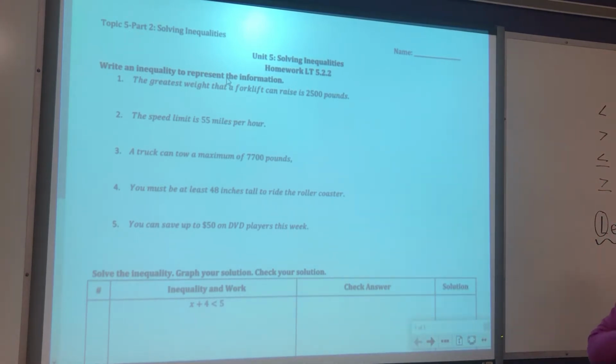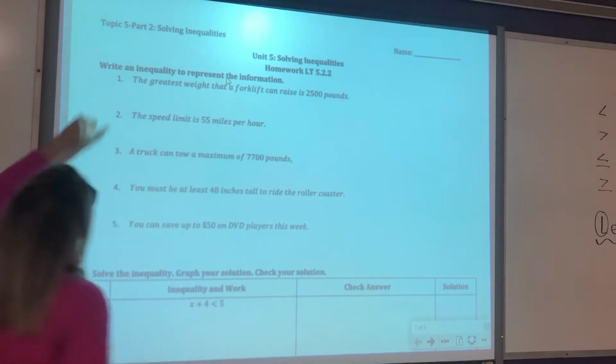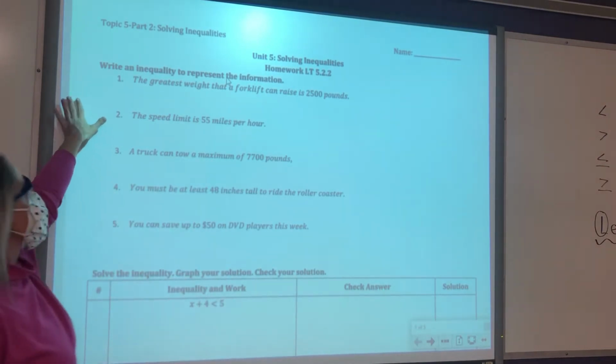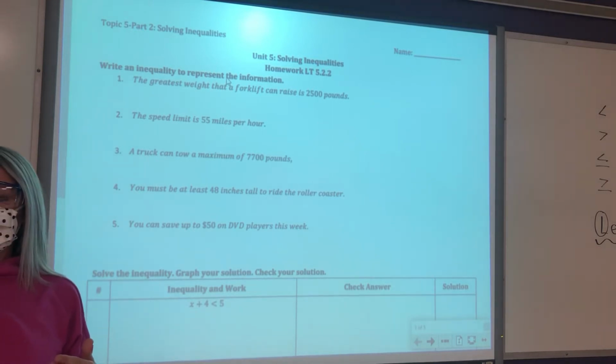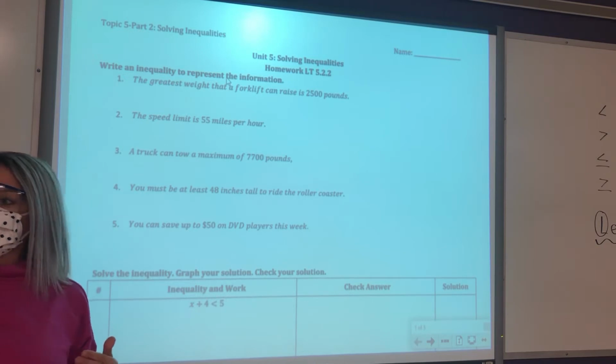So, these first five, all we're asking is for you to write an inequality to represent the situation. The greatest weight that a forklift can raise is 2,500 pounds. So what symbol should I use if the greatest weight is 2,500 pounds?